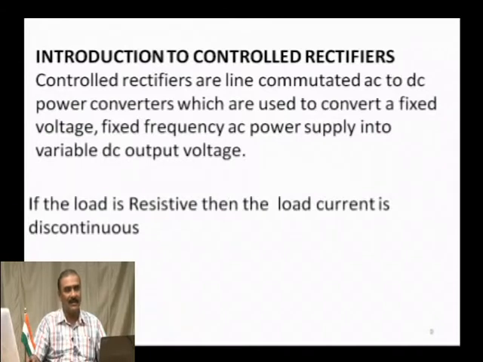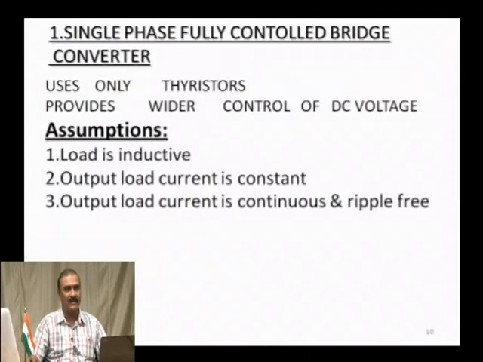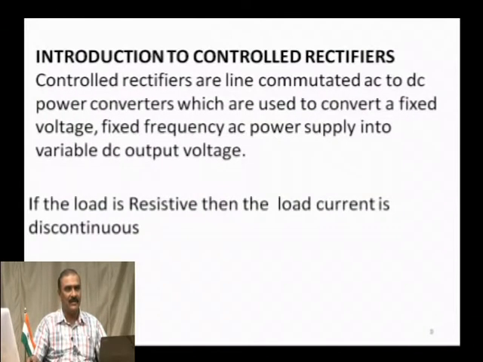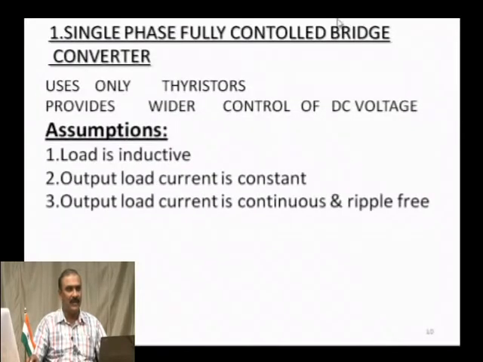So, there are different techniques of load current, continuous, discontinuous, and why it is continuous, why it is discontinuous. So many things I have to discuss in fact. Now this is the resistive load when the load current is discontinuous, and now this is the single phase fully controlled bridge converter. They use only thyristors, that is SCRs, and provide wider control of DC voltage.